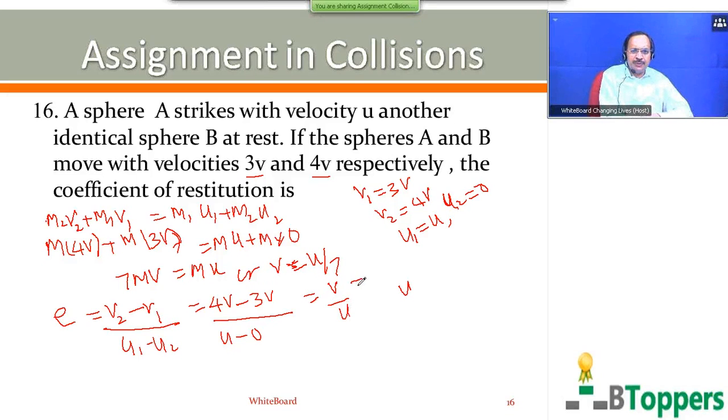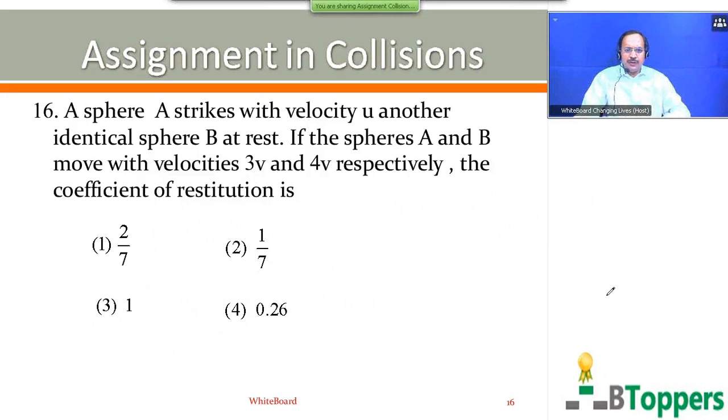So v by u, and we can substitute v equal to u by 7. So you get e equal to 1 by 7. That's the answer. If you want to copy the solution of the problem, you can pause and copy it. So for question number 16, you get the second option as the answer. I will continue the discussion of the remaining questions in my next class.